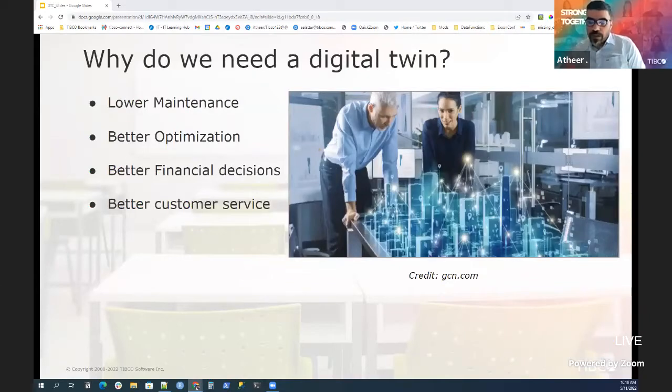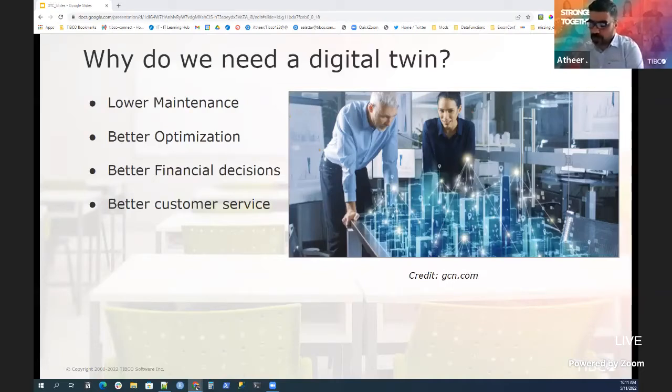Now, looking at the Gartner data, it was accounted that 13% of digital twins are already implemented, and 62% of digital twins are in the process of being implemented.